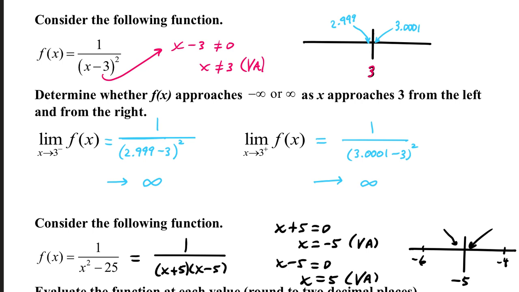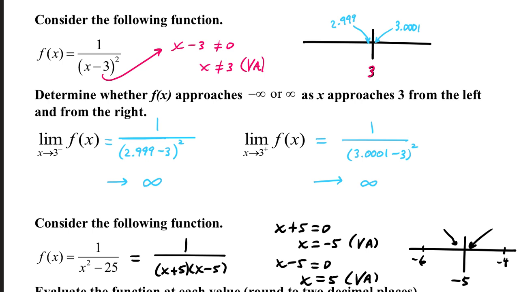When you don't have a graph to look at, you can pick values very close to your limit. As we approach 3 from the left, you can use numbers like 2.99 or 2.999. Using your calculator, you get a very large answer. In fact, the more nines you put here, the larger that answer gets.